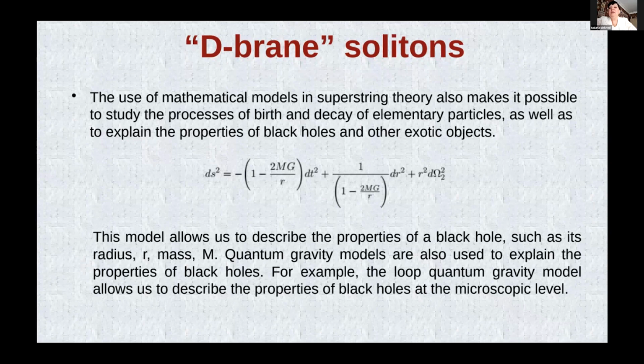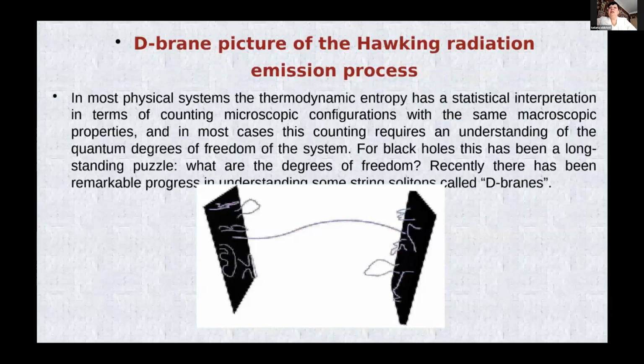These models allow us to describe the properties of black holes, such as its radius, mass. Quantum gravity models are also used to explain the properties of black holes. For example, the loop quantum gravity model allows us to describe the properties of black holes at the microscopic level maybe.